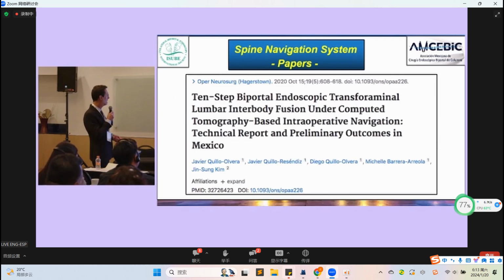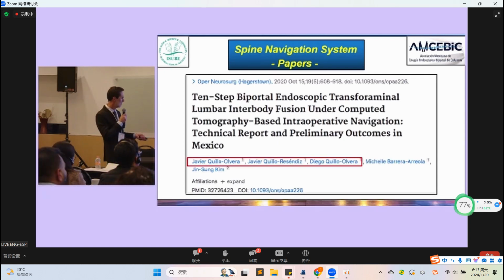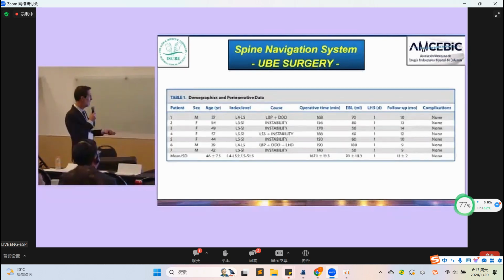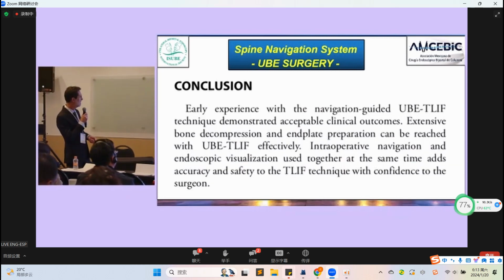I don't know if anyone knows the authors of these papers, Dr. Javier, Dr. Diego, and it's an interesting paper using spine navigation during fusion. The number of patients was 7, and the conclusion was that intraoperative navigation and endoscopic visualization used together at the same time offer accuracy and safety.